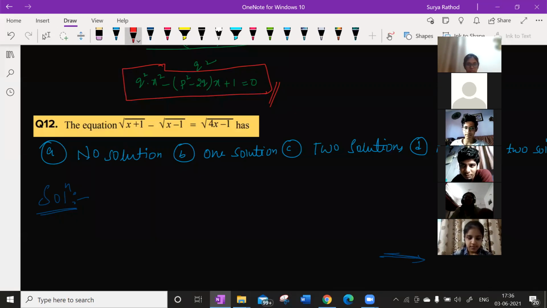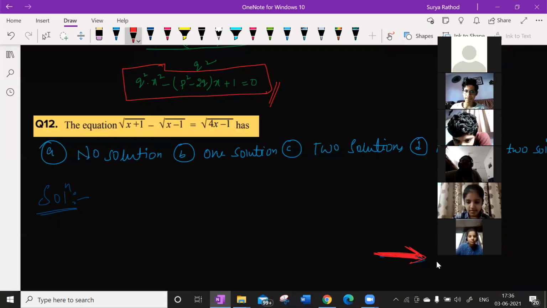I can click on the remove button. That is what I'll do if you're not turning on your cameras.